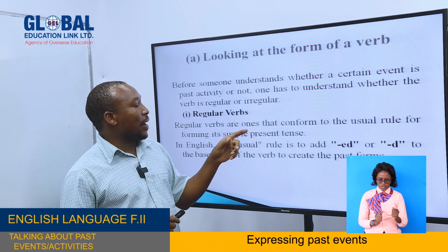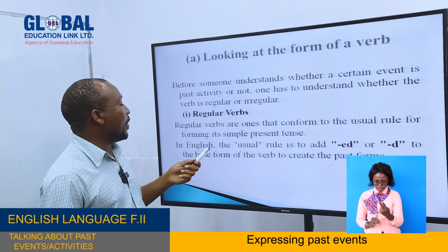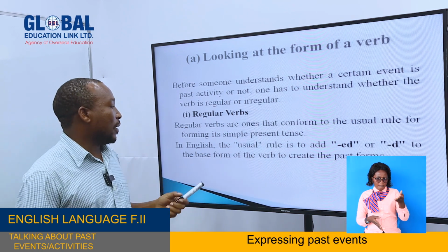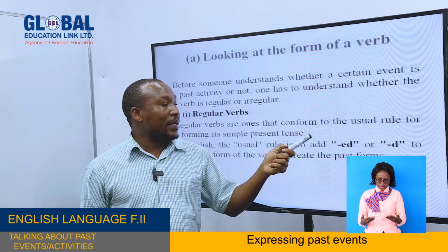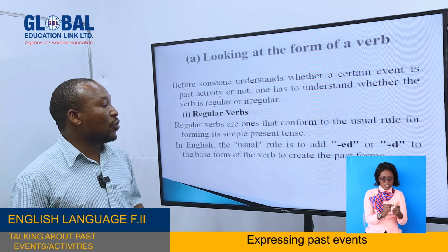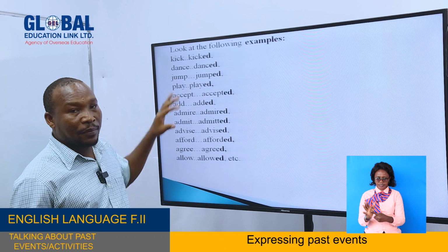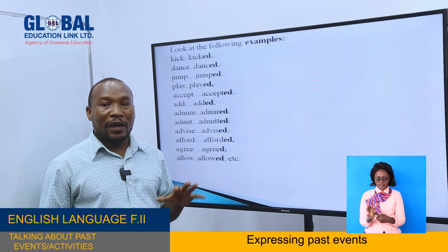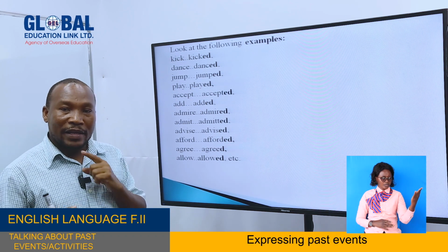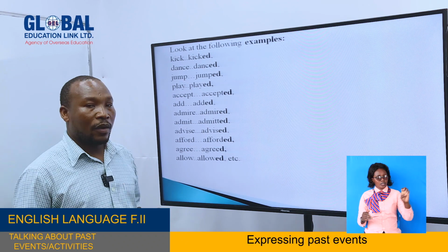Regular verbs are the ones that conform to the usual rule of forming the simple past tense. In the English language, the usual rule is to add ed or d to the base form of the verb to create past tense. We have some examples here of regular verbs which conform to the rule of adding ed or d to the base form of a verb.